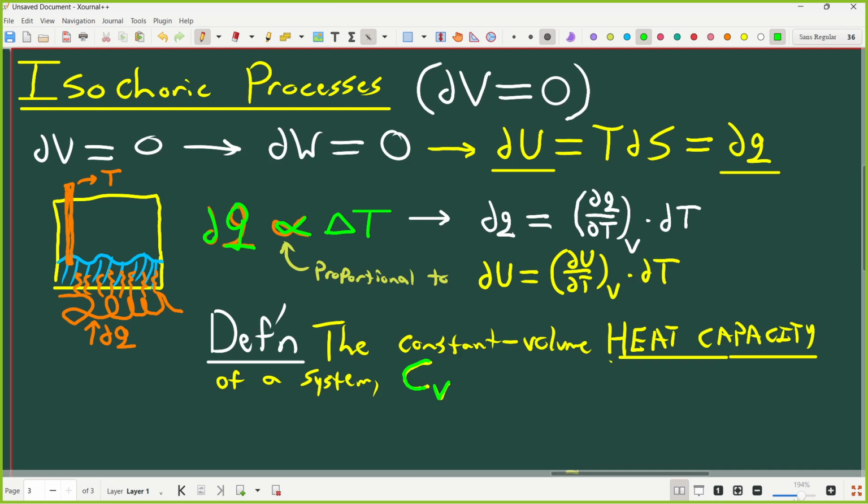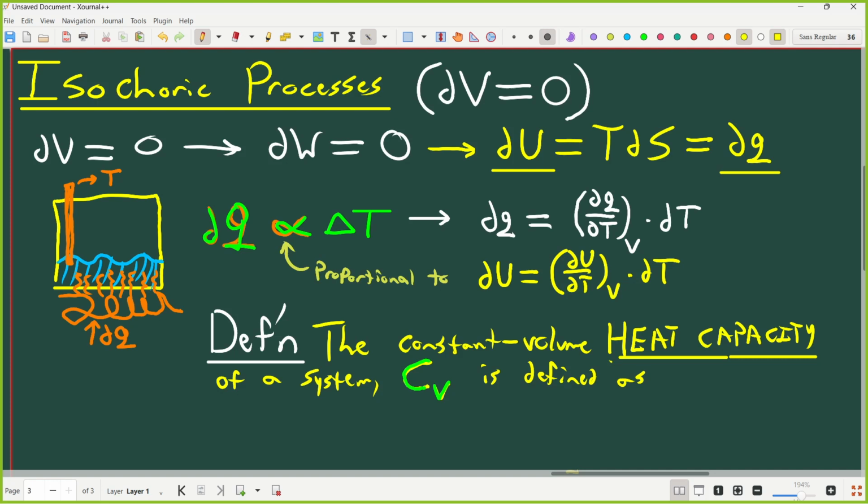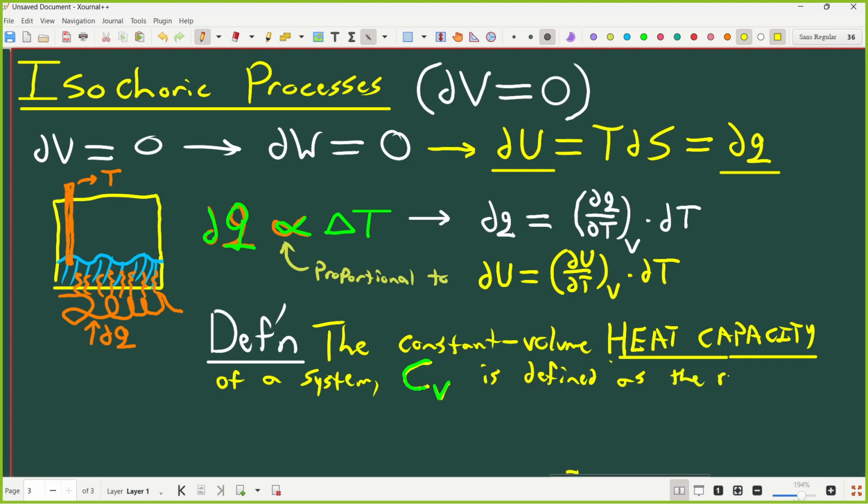This is a number, is defined as the rate of change of U with respect to T.